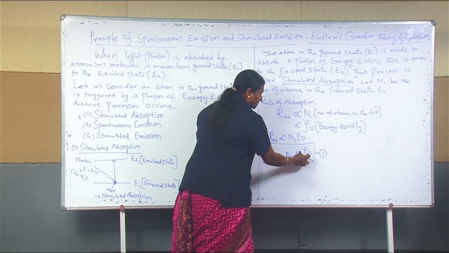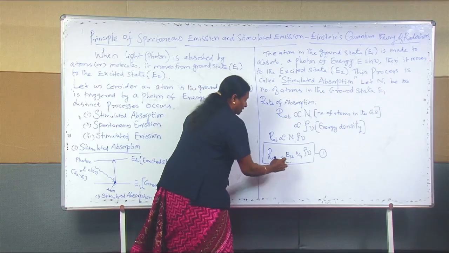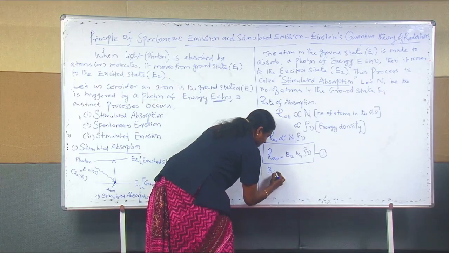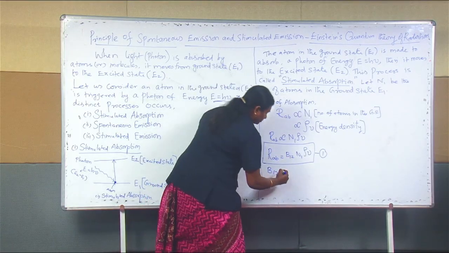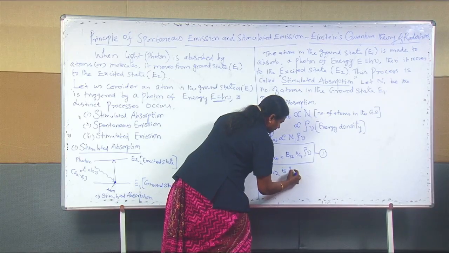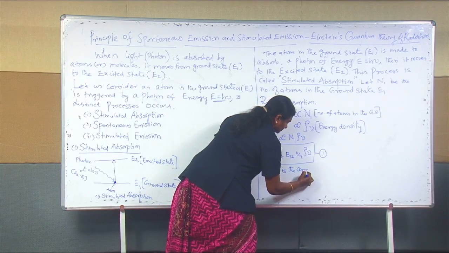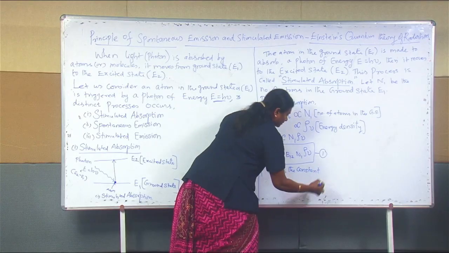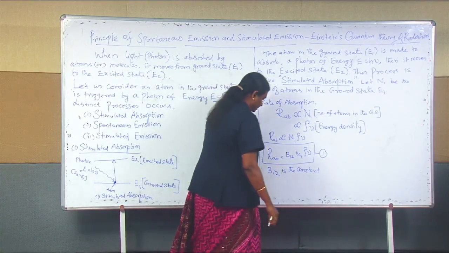Already you know what is N1 and this rho nu. In addition, I am just writing what is B12. So B12 is the constant. You know, it is a constant we have introduced to remove the proportionality sign.